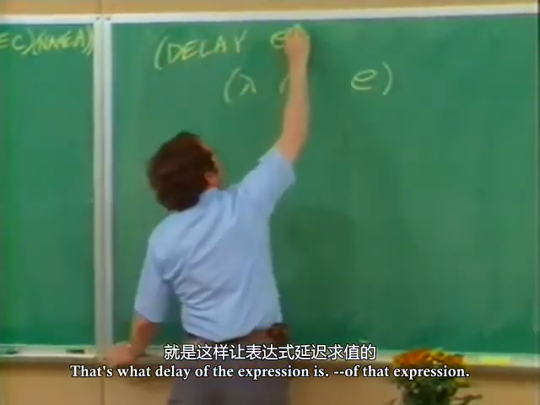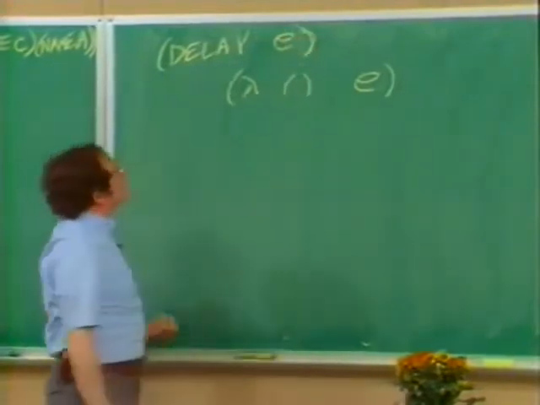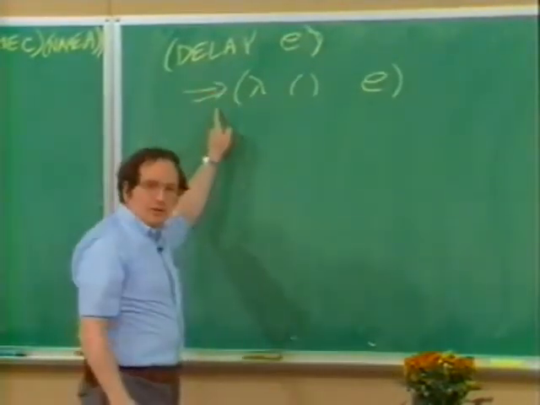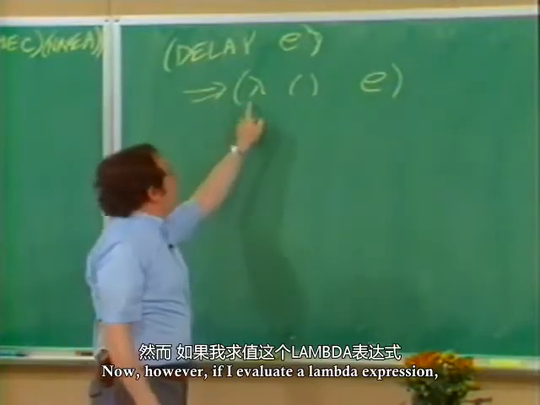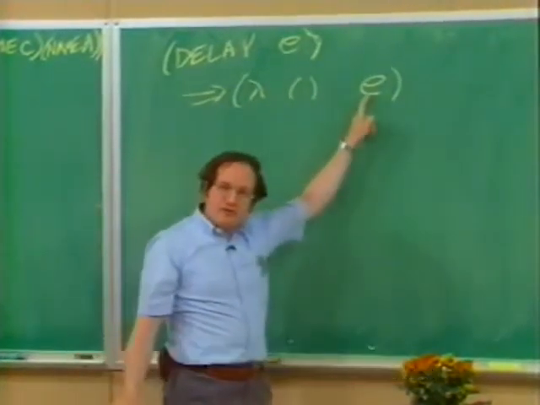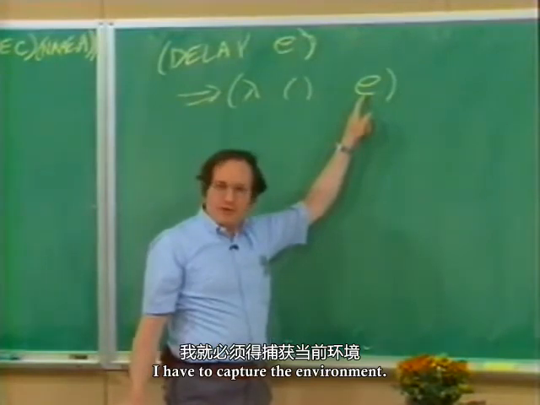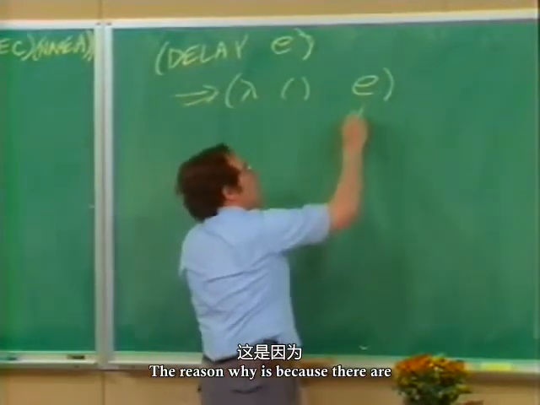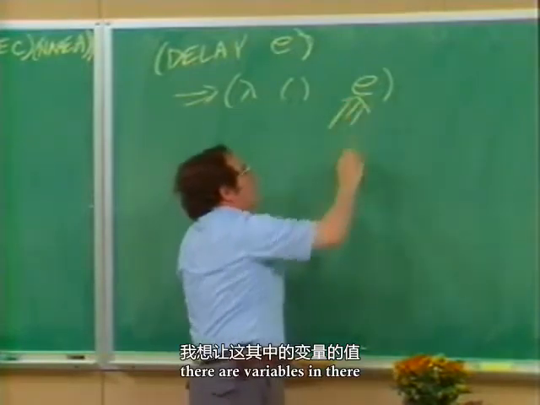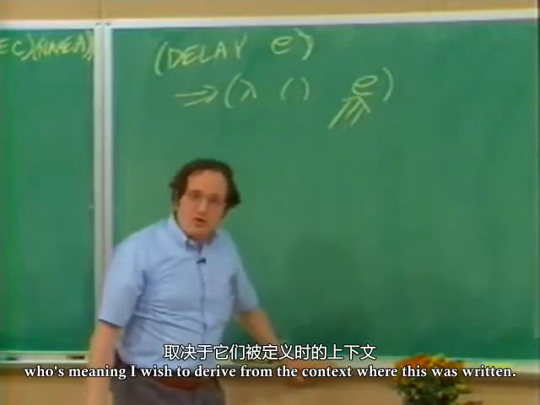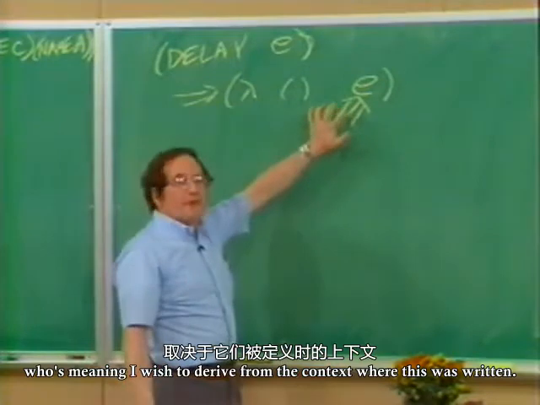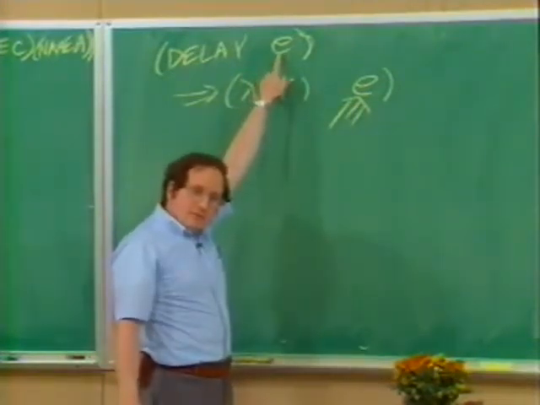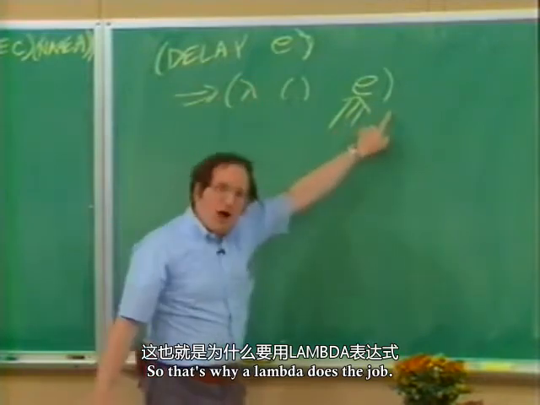Of that expression, this turned into something like this. Now, however, if I evaluate a lambda expression, I have to capture the environment. The reason why is because there are variables in there whose meanings I wish to derive from the context where this was written. So that's why a lambda does the job.